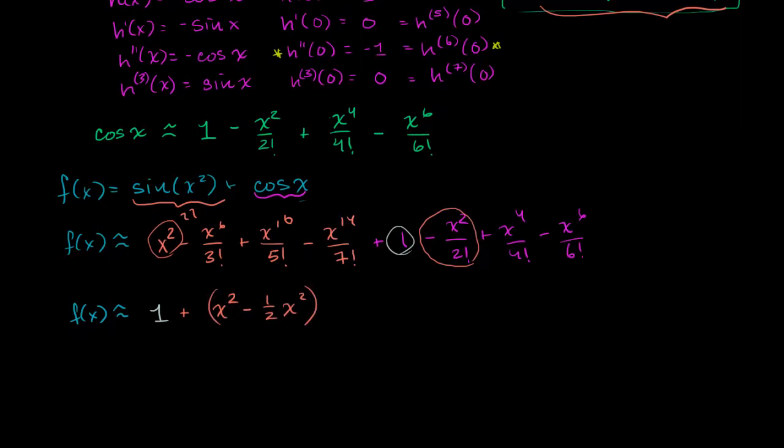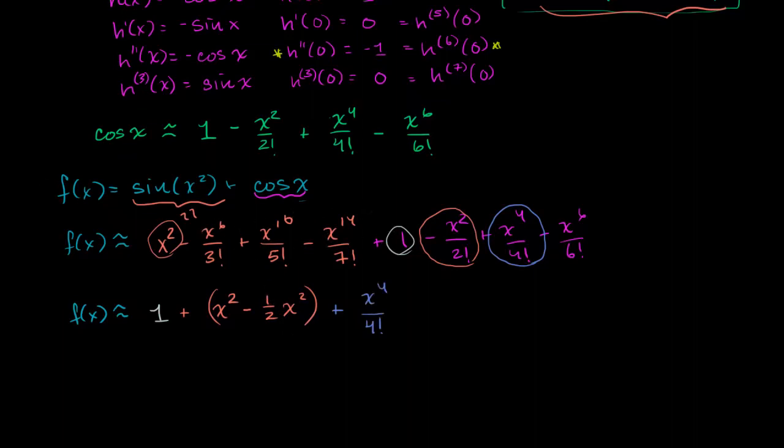All right, do we have any third degree terms here? We do not. Do we have any fourth degree terms here? We do. We have this character right over here. It's a fourth degree term. So plus x to the 4th over 4 factorial. And then finally, do we have any fifth degree terms? We don't. No x to the 5ths over here.